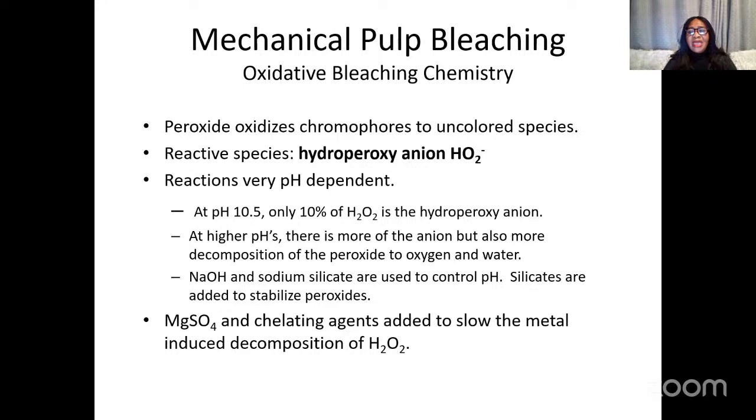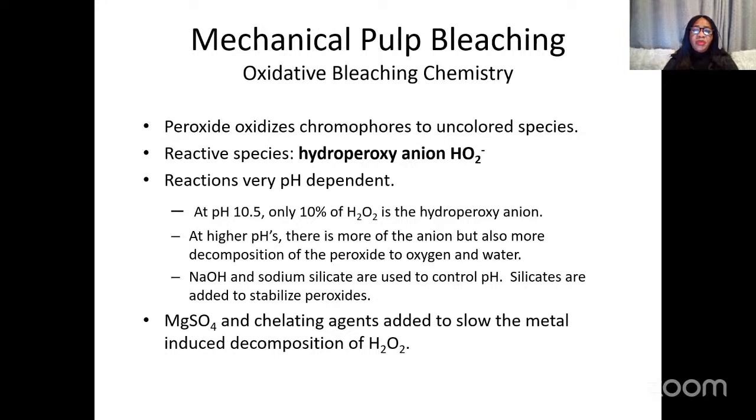Sodium hydroxide and sodium silicate are used to control the pH. Silicates are added to stabilize the peroxide so that it doesn't decompose.